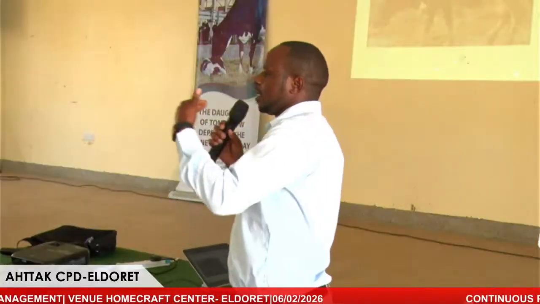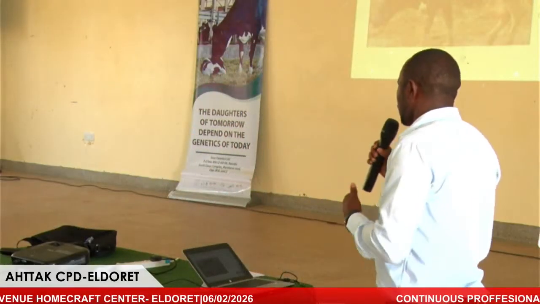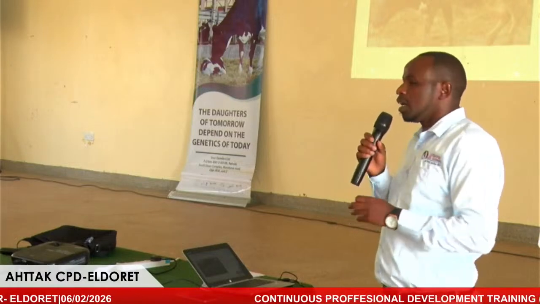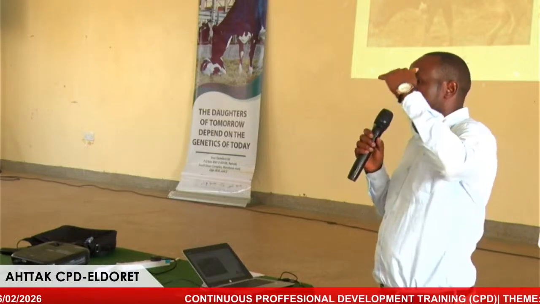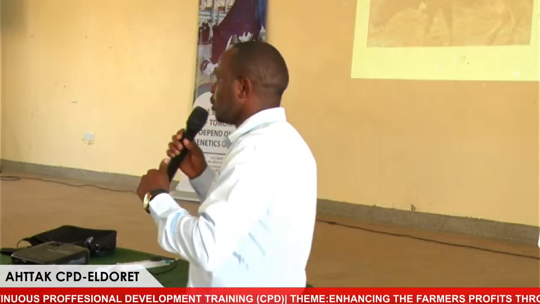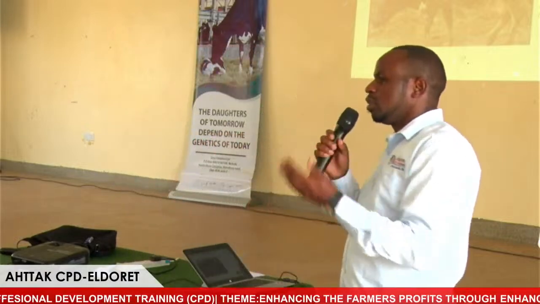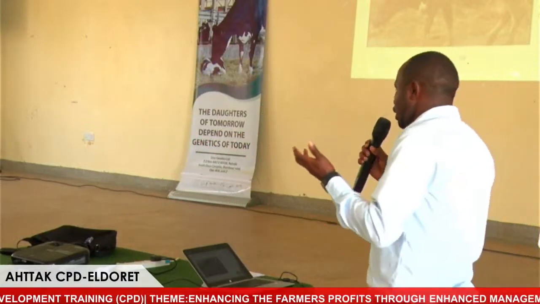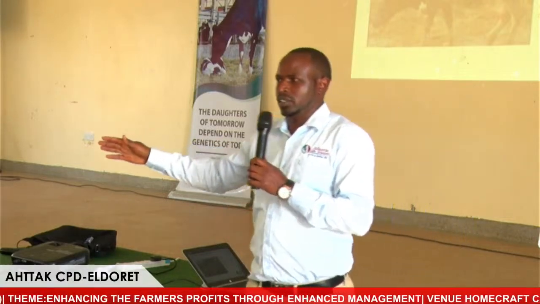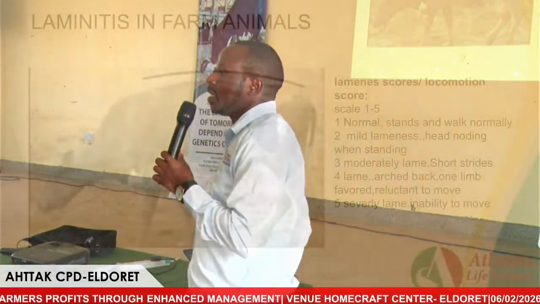We call it subclinical because the animal is not showing a lot of lameness issues. For score number 1, we consider the animal normal because the animal is standing and can walk with normalcy. No issue. So that is scale number 1.